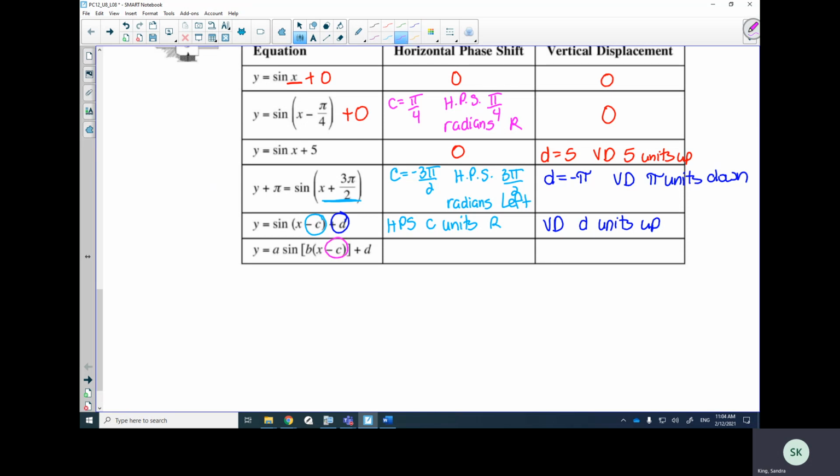This would be a positive C value if it's negative in there. That's a horizontal phase shift, C units right. And then this is a plus D, which means it goes up, but it's called now vertical displacement. So instead of the word vertical translation, vertical displacement, what would that be? D units up.